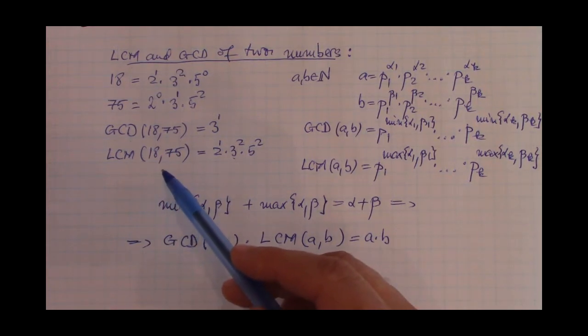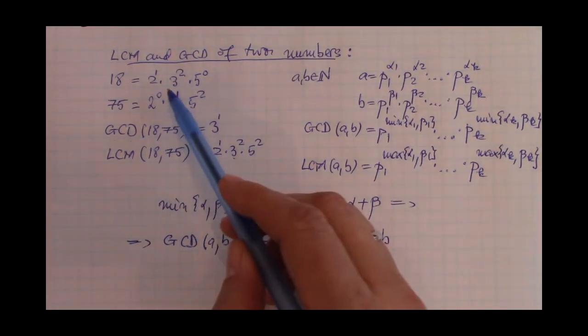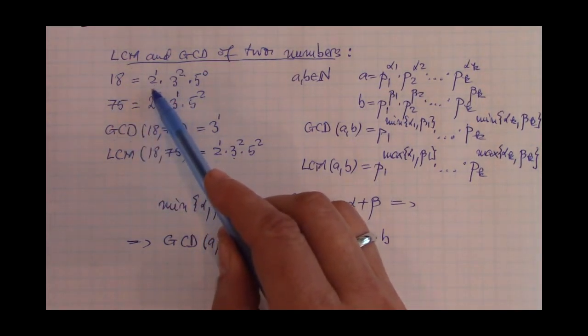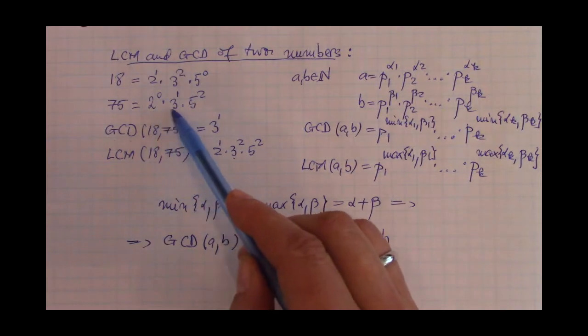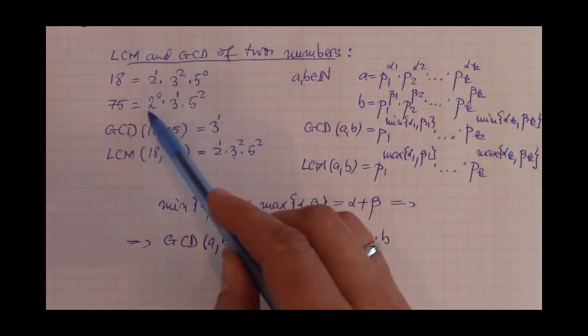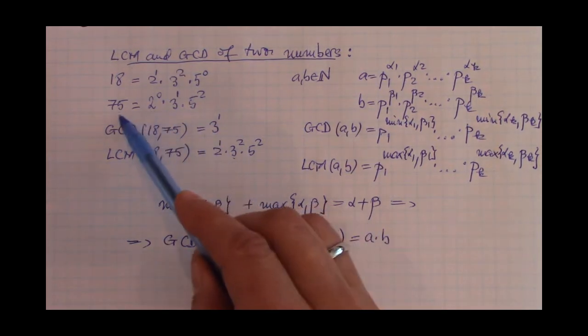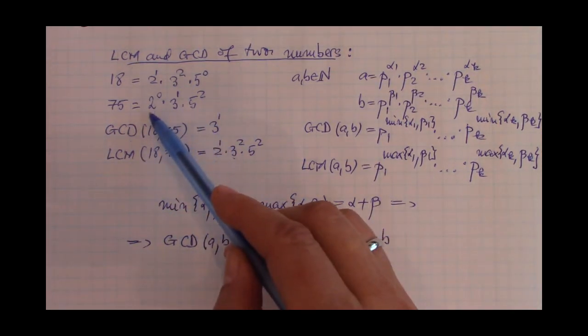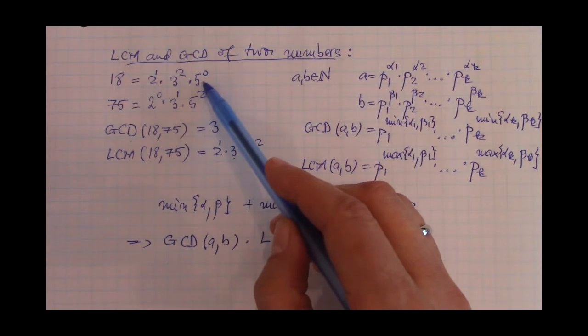Now how is this useful? Well, we made 18 and 75 use the same prime factors. Of course, some are just fake. 2 is really not a prime factor of 75, but in this way of writing it, it appears to the power of 0. The same is true for 5.